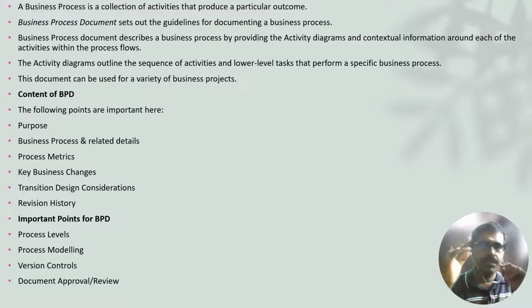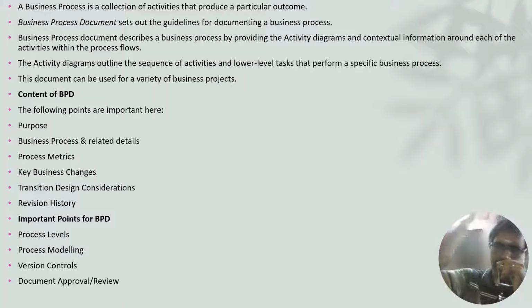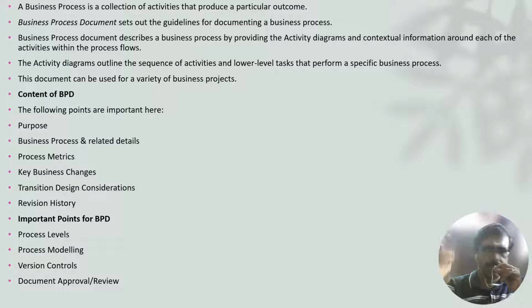Before routing for approval, it should be sent for review to your IT team, then the business leads, then the business owners, then IT top level persons, and the validation team. All these things matter. So review followed by the approval. That is very important.